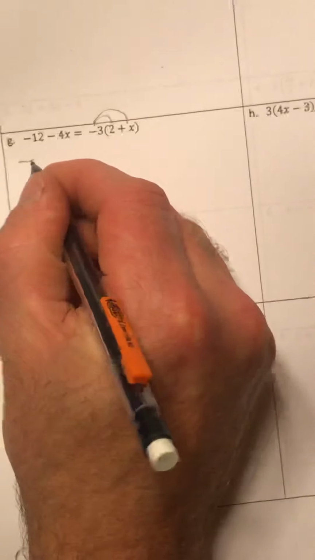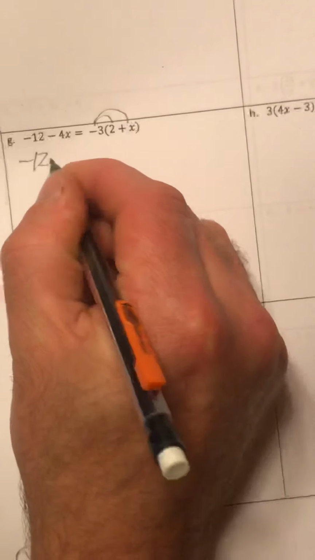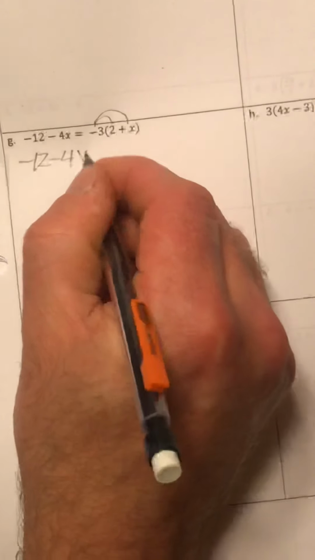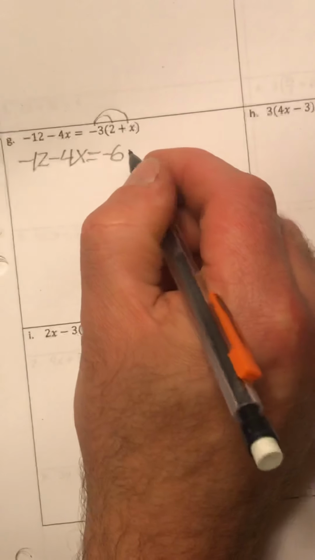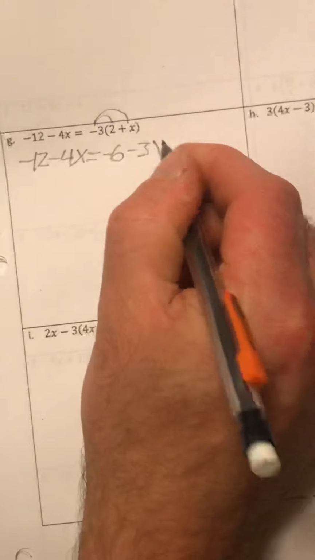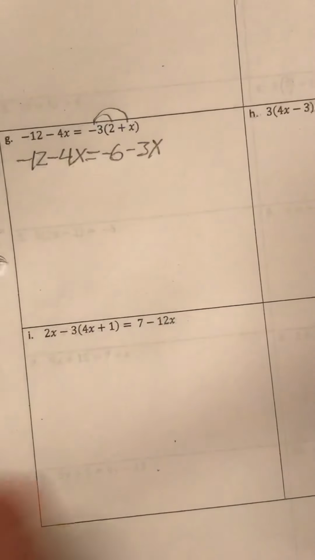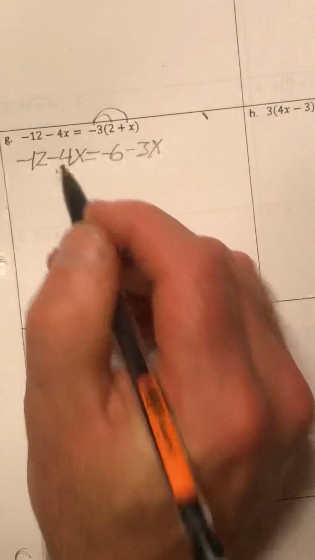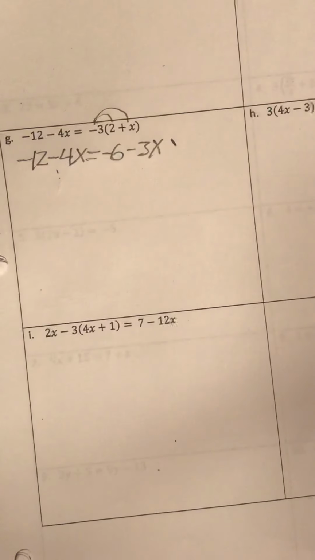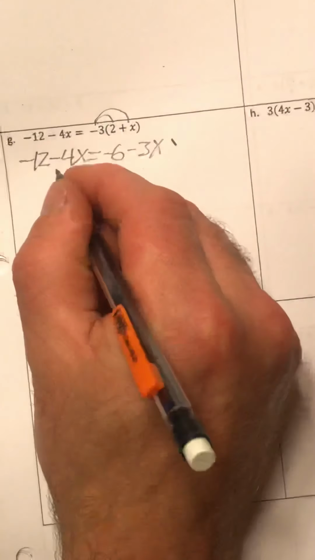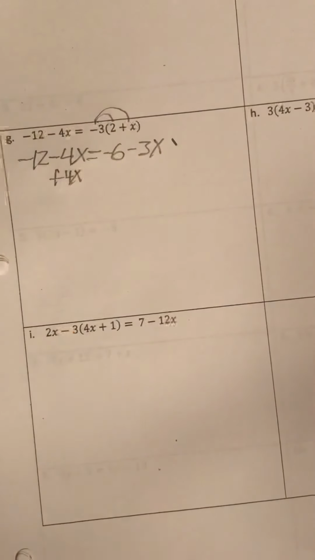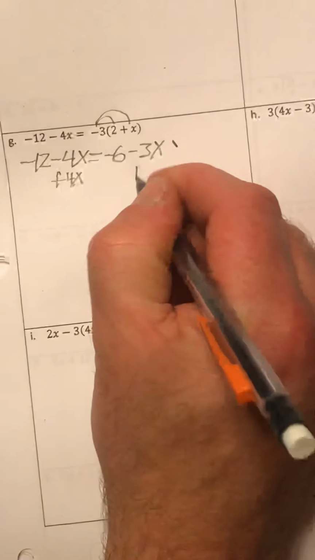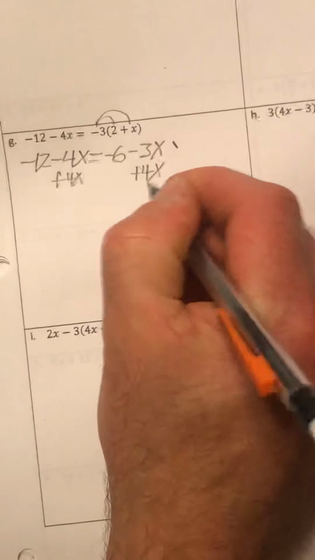So that gives me negative 12 minus 4x equals negative 6 minus 3x. Okay? Next step is I want to add 4x to both sides. So I'm going to add 4x there. I'm also going to add 4x over on this side.